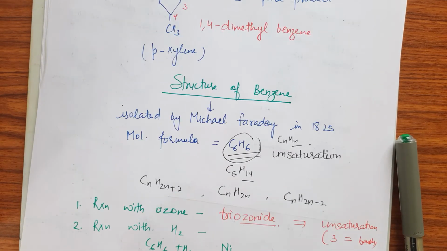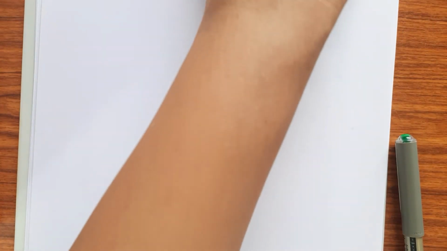So these reactions show that this has some unique property, and it somehow has a different structure as compared to a normal alkene, right?